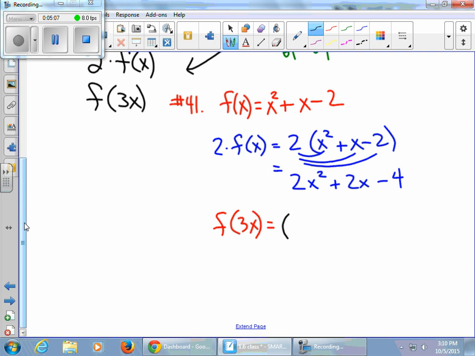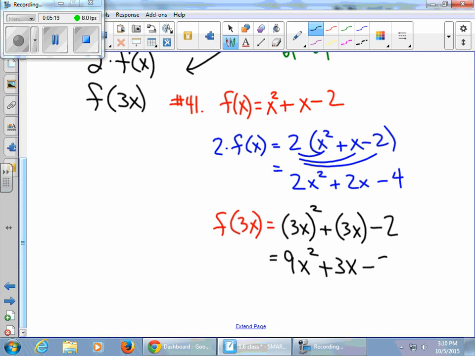So you'd have 3x squared plus 3x minus 2, which would give you 9x squared plus 3x minus 2. Remember, you could put them in your calculator to see that they actually look the way that they should look in shifting them. So hopefully that answers those.